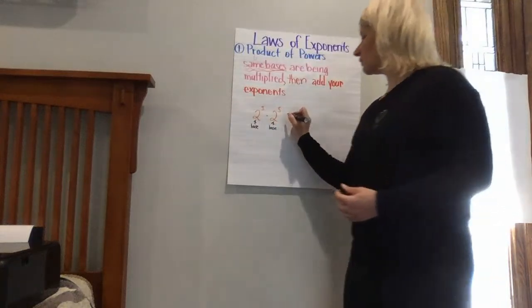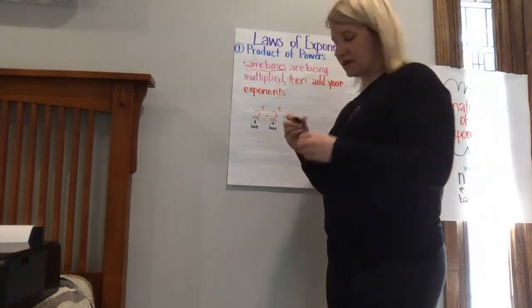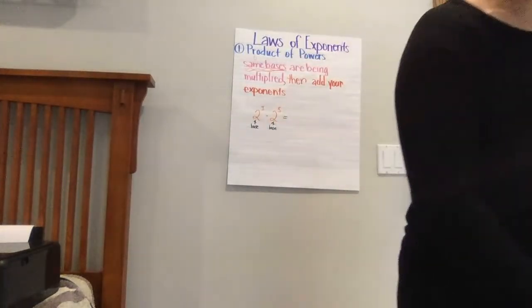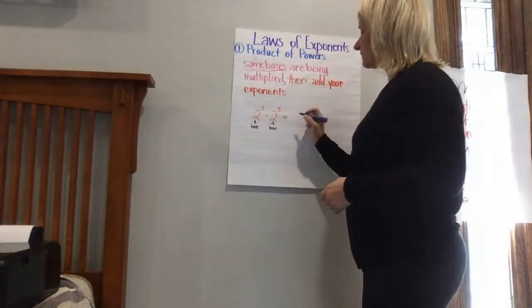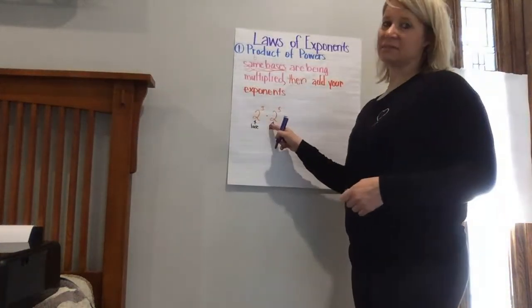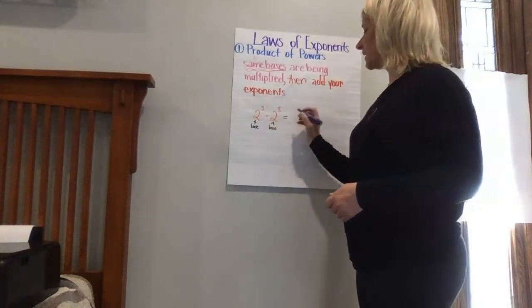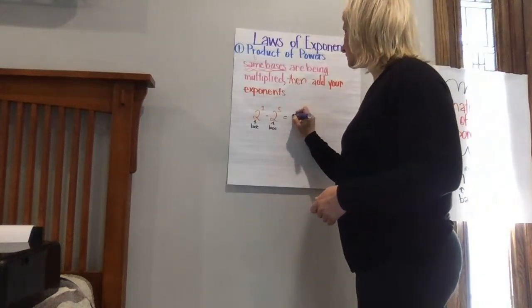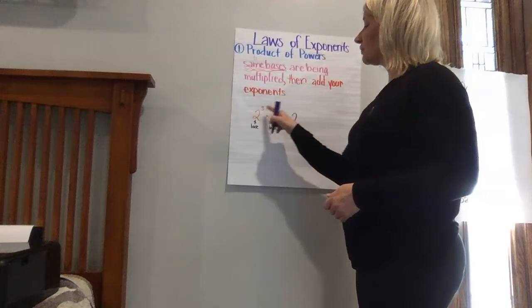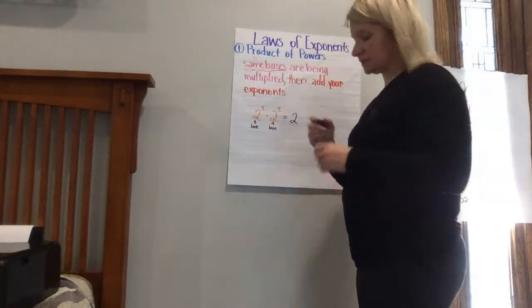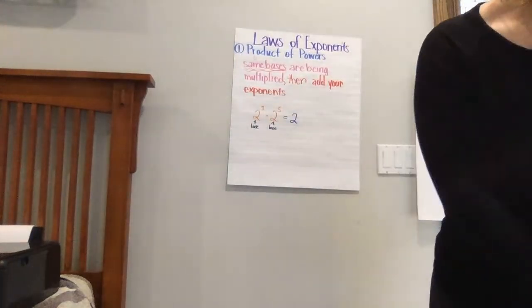So when we go ahead and simplify this, I'm going to keep the same bases. I'm not going to multiply them. They're going to stay the same. So that's going to stay a 2. But I am going to add these exponents. Let me do that in a different color.